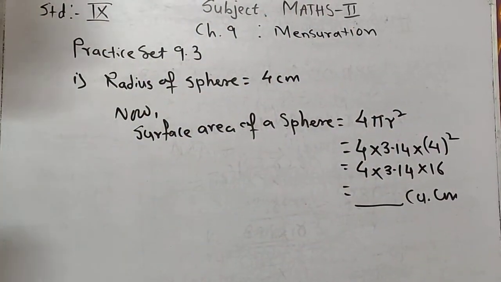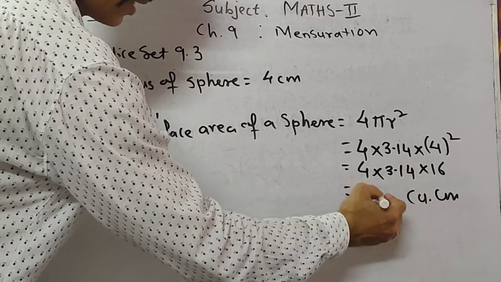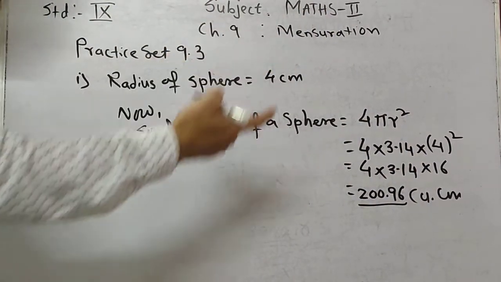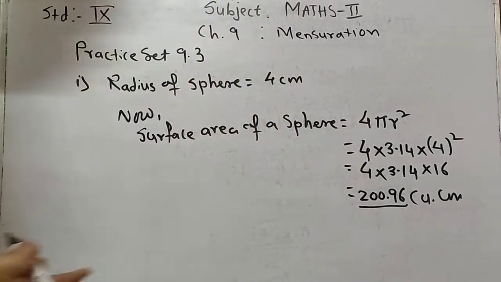When you multiply all, you will get 200.96 square centimeter. The surface area of a sphere formula only you should know. Put the value and multiply, you will get the answer.